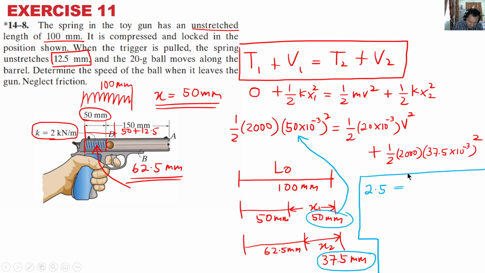Next one, 20 exponent negative 3 bagi 2, 0.01 V squared. Okay, 0.01 V squared.